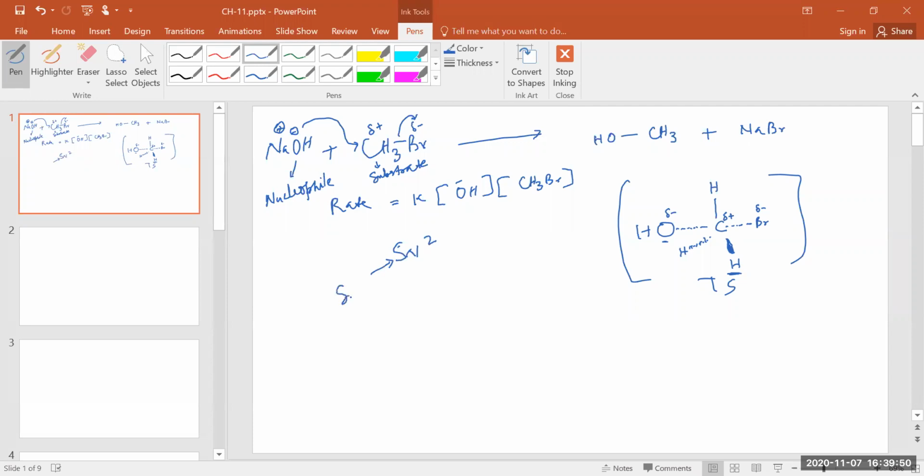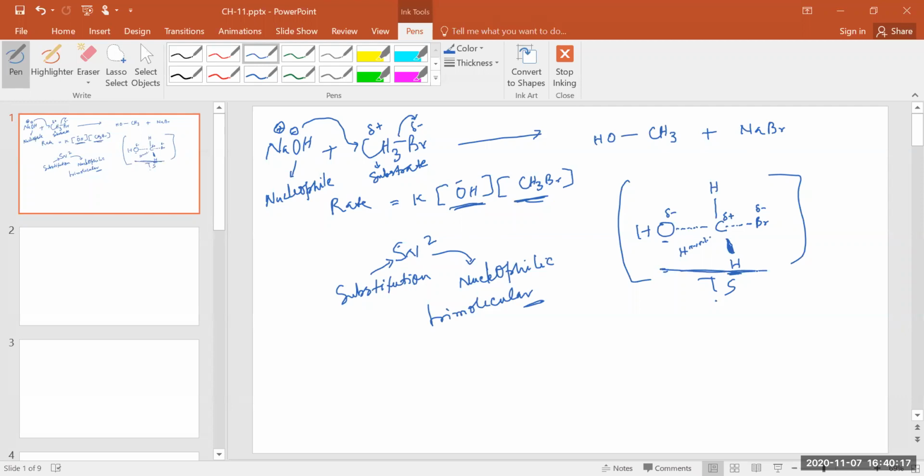That means substitution nucleophilic bimolecular. Here the rate of the reaction depends on both the molecules, and the transition state contains both the molecules.